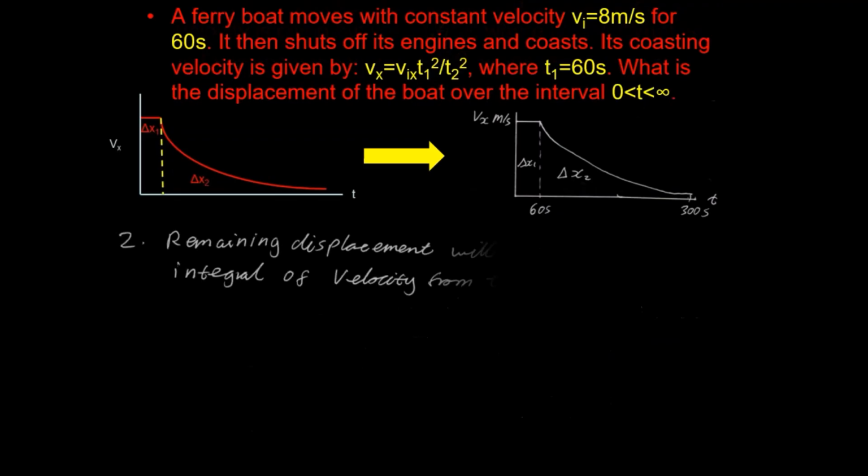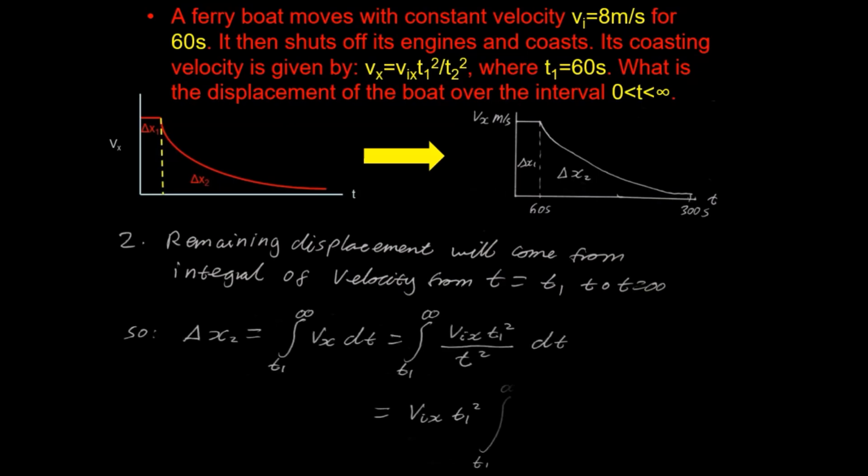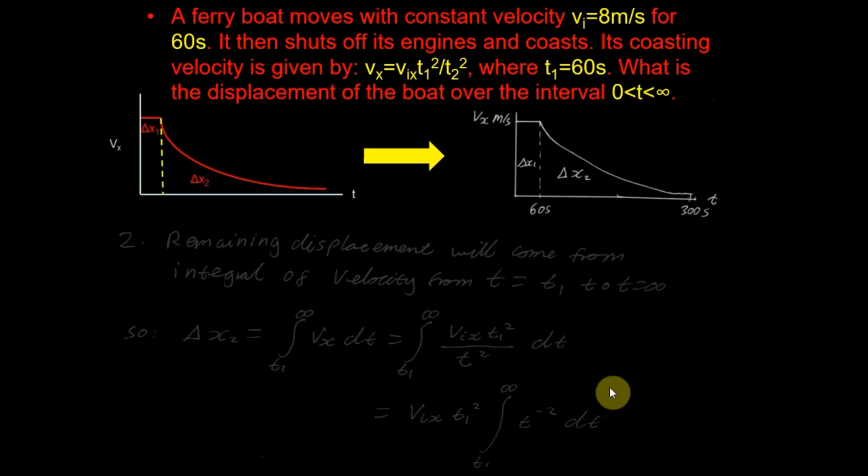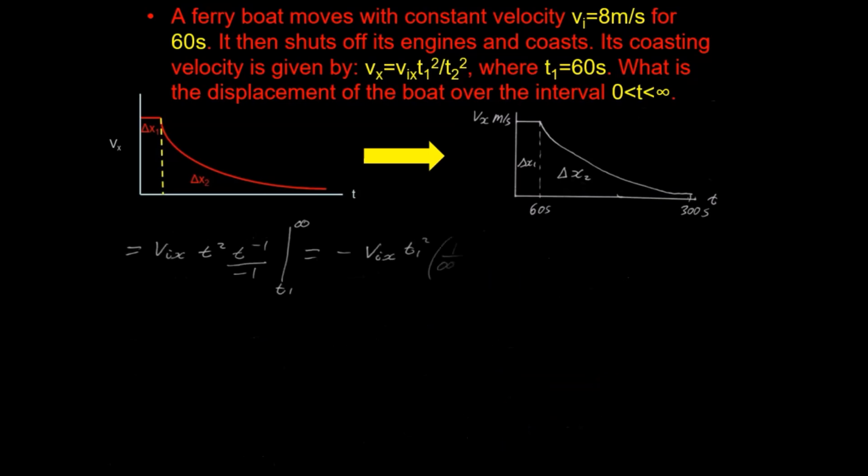The remaining displacement is going to come from an integral of the velocity graph, of the v-t graph, from t equals t1 to essentially the end of our relationship. So delta x is going to be an integral of v dt. This will then be v_i t1 squared times the integral of 1 over t squared, with our limits from t1 to infinity.